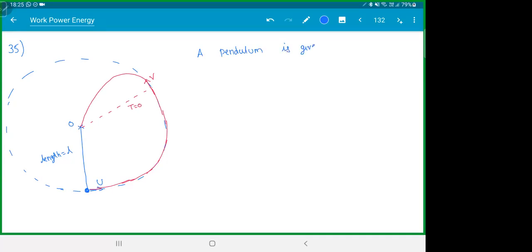The pendulum is given speed U. The string becomes slack, and the particle lands at the point O. Find U. This happens only for a particular velocity. Question is clear? Let's get this.